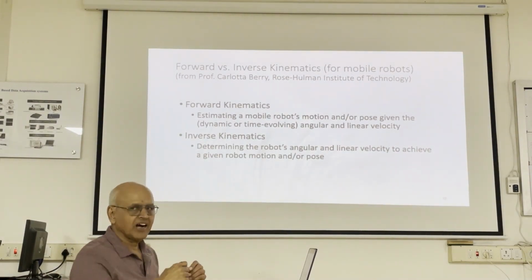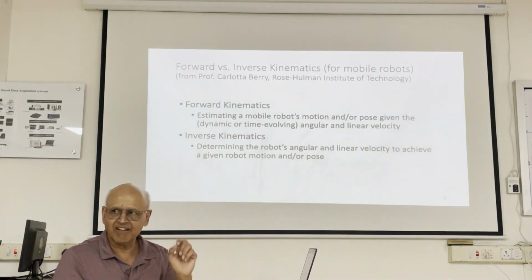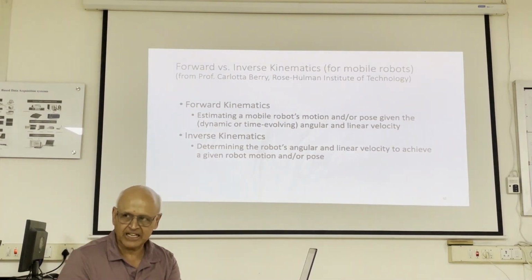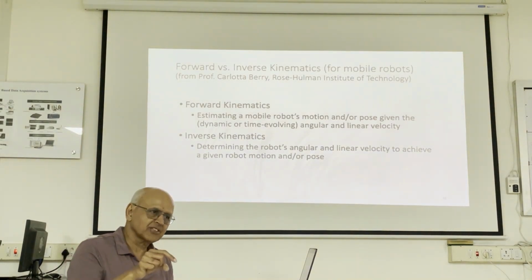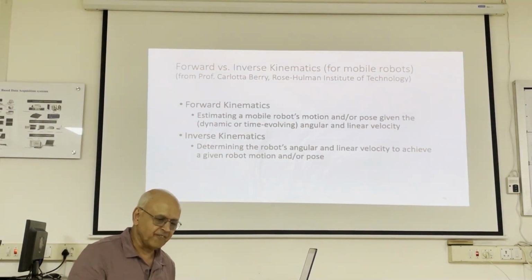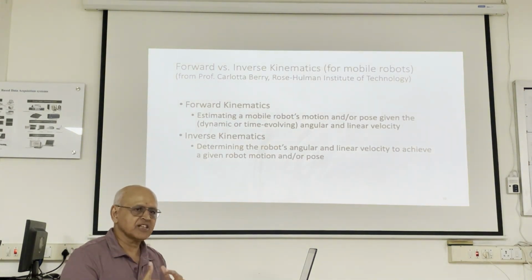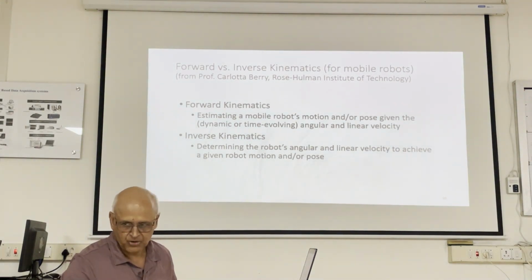So if somebody tells you V, omega is a function of time t, there's only one answer. Everybody should be able to figure out that one answer, because it's those little tiny circles, right? So if I give V, omega versus t and I give you 10 pieces of data, everybody can get to the same answer. There's only one answer. Now I reverse the problem. I need the robot to go from here to here.